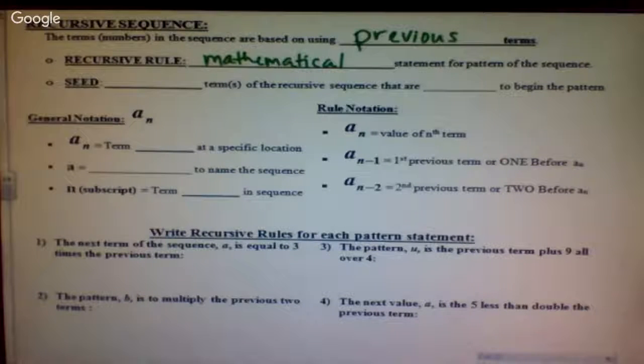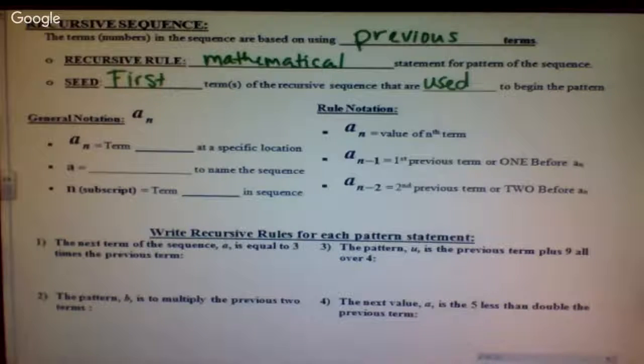What do you need first before you do that? Seed. You need that seed. So in math, seed is the first term. It's what you need initially. Plants don't just poof out of midair. Sequences don't poof out of midair. You need a seed. You need the first number of the recursive sequence that is used to begin the pattern.